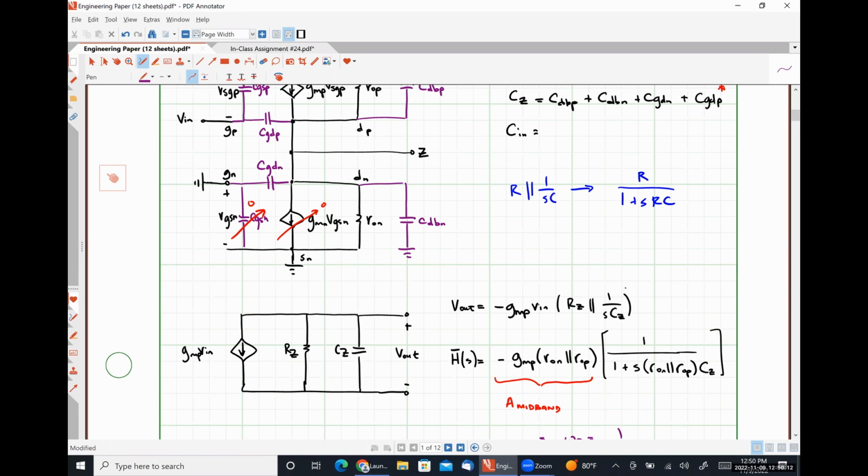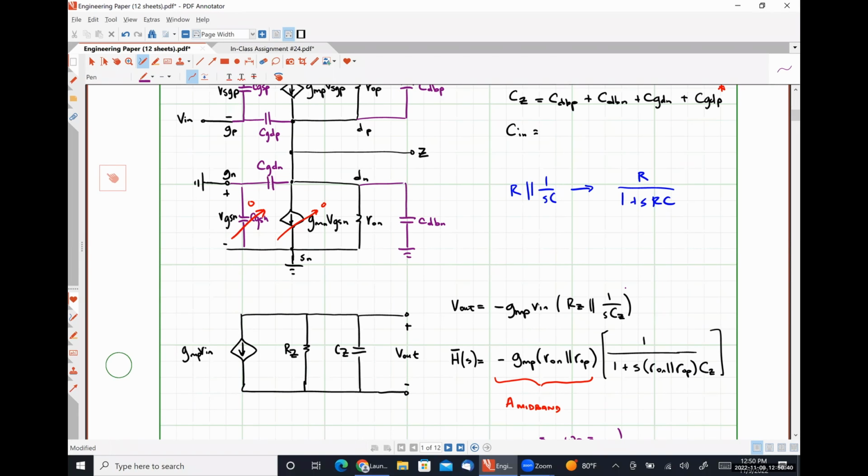What was the resistance that we would have seen at each of those input terminals? Infinite, which means our pole frequencies associated with either of those input terminals would have been infinitely high, and therefore they're not actually going to contribute anything to our overall frequency response.